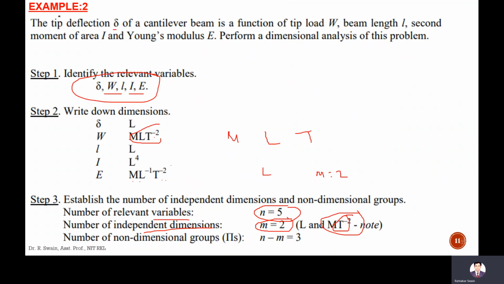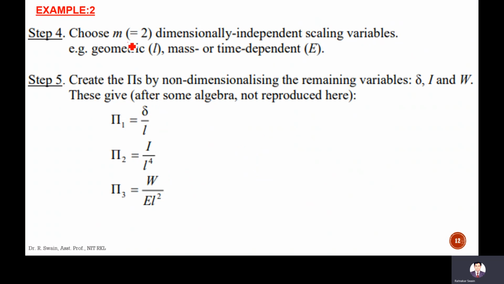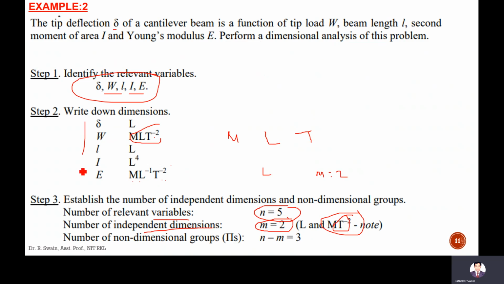So choose m = 2 dimensionally independent scaling variables, that is the repeating variables. Let's take the geometric property L as a repeating variable, and we can take E. E contains mass and time both, that's why E is taken as another variable. If you take M, L, T individually as 3 variables, then weight also can be taken in that case.